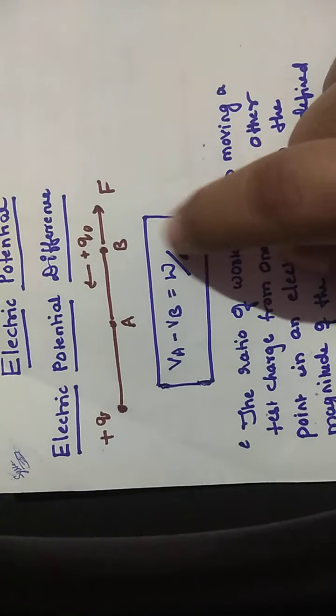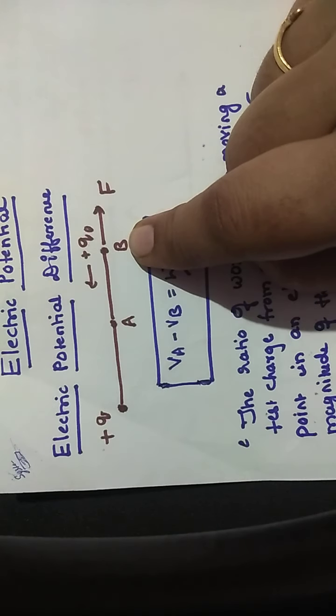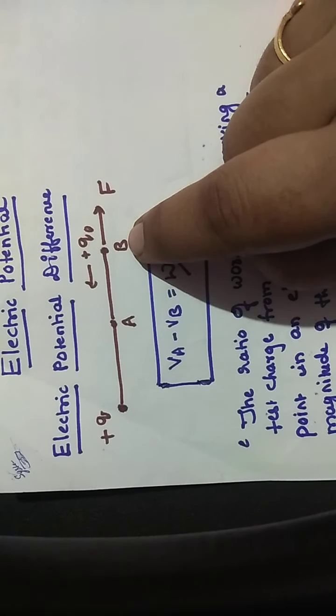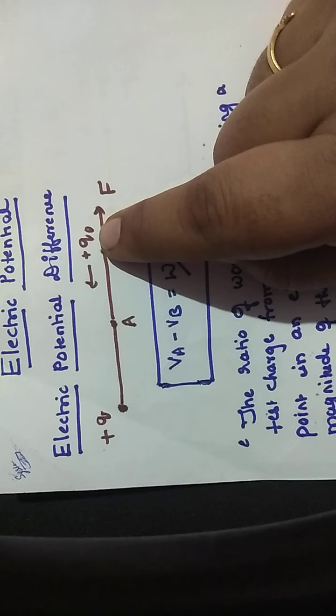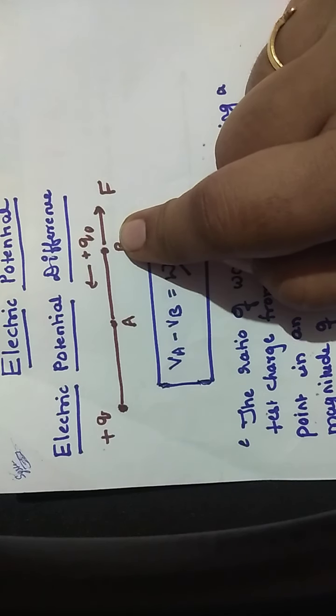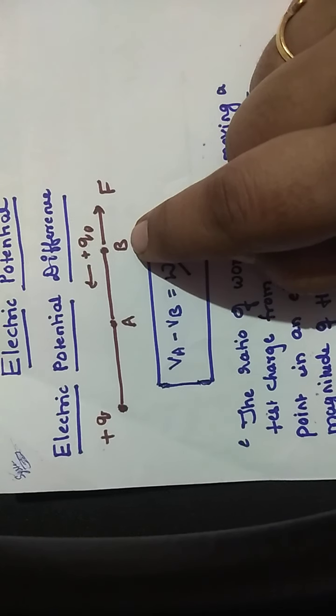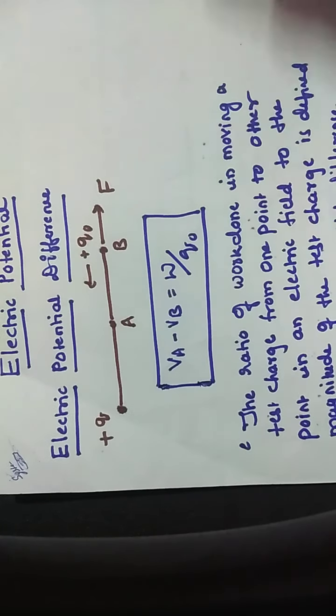This work done in moving the charge from point B to A divided by the magnitude of the test charge Q naught gives the electric potential difference between the points B and A.